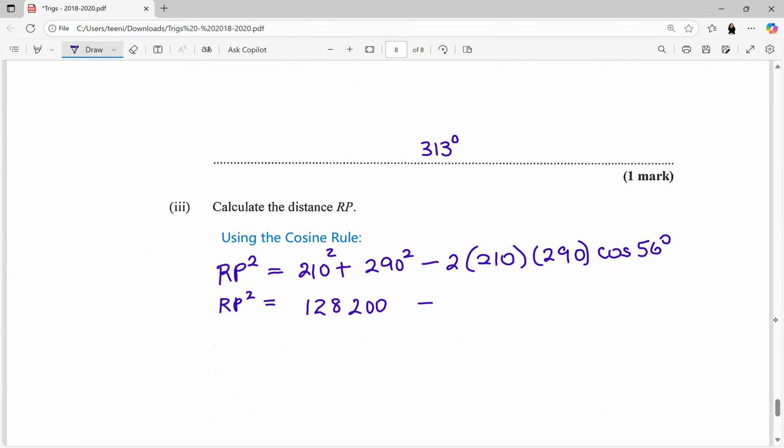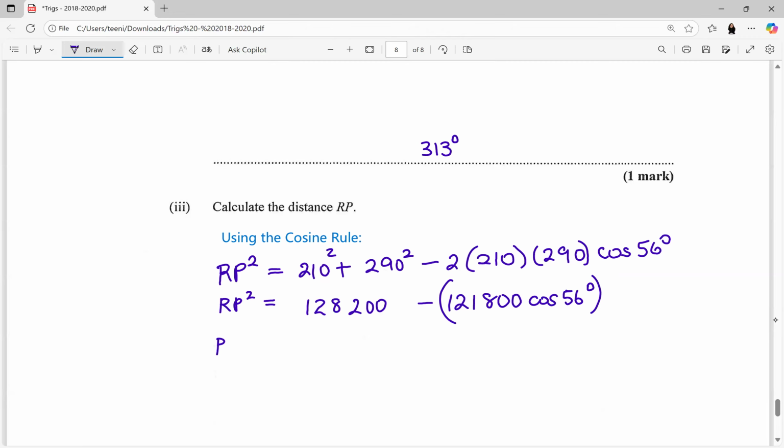Take away 2 times 210 times 290, which is 121,800, multiplied by cos of 56 degrees. Guys, you do not subtract 128,200 take away 121,800, okay? You don't do that. You actually have to work out this first before you can subtract it, right?